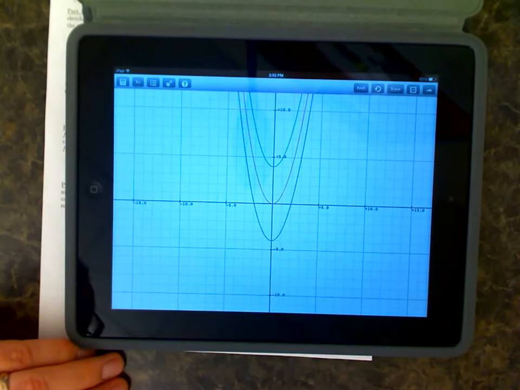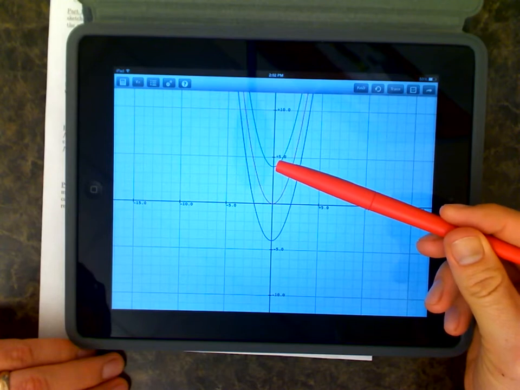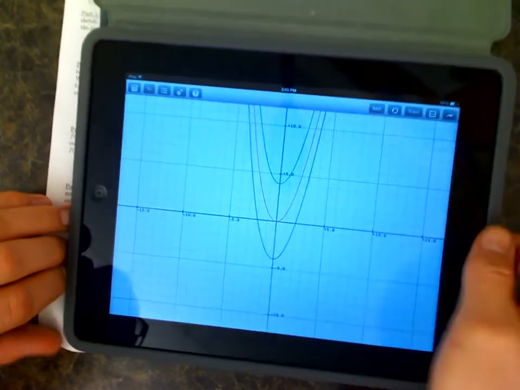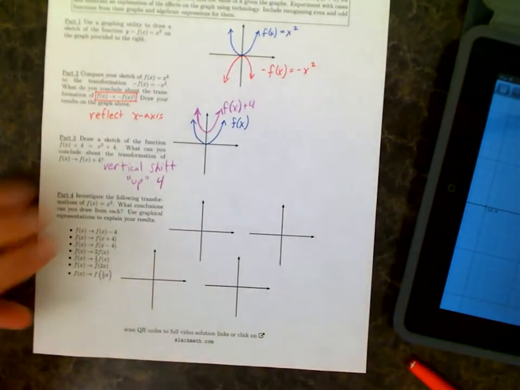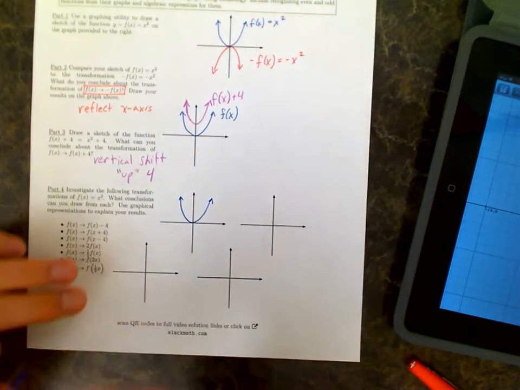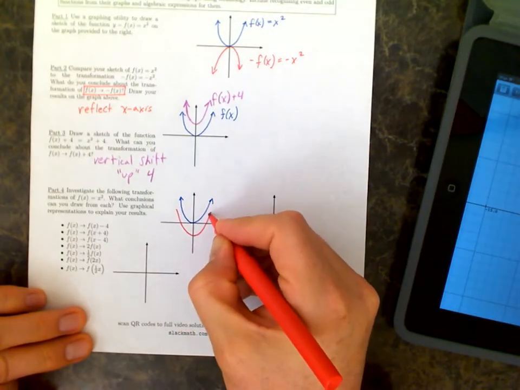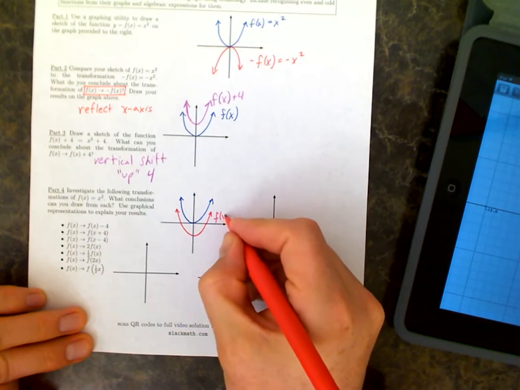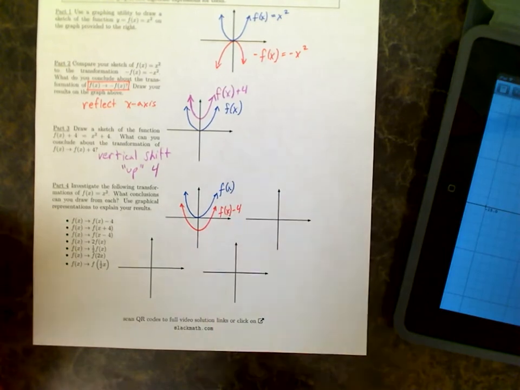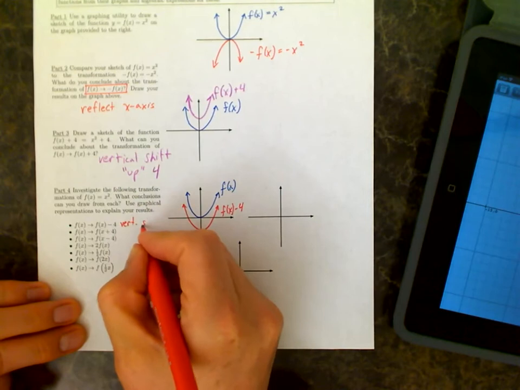The first one was x squared, then there was a vertical shift up, x squared plus 4, and then you have a vertical shift down, x squared minus 4. So I'm going to put that in. We've got f of x, and then you've got f of x minus 4. This is a vertical shift down.